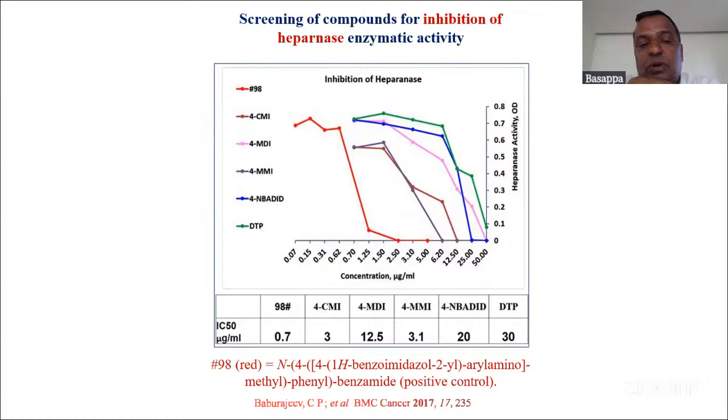We could see some inhibition when compared to the small molecule, which we used as a positive control. In this work, we could see that 4 CMI or 4 MMI has the least IC50 value, 3.1 microgram per ml.